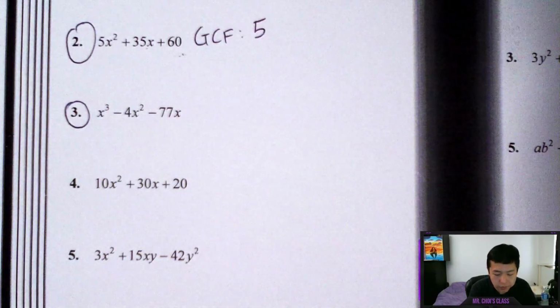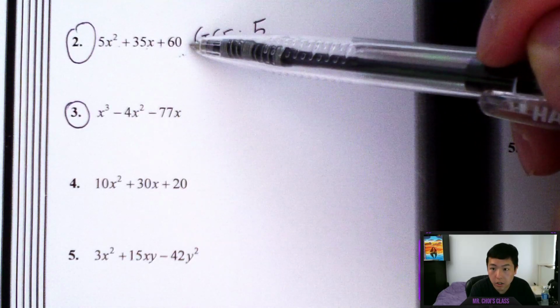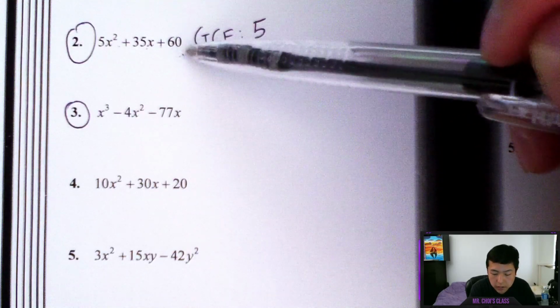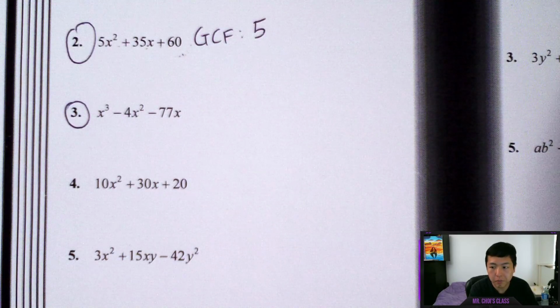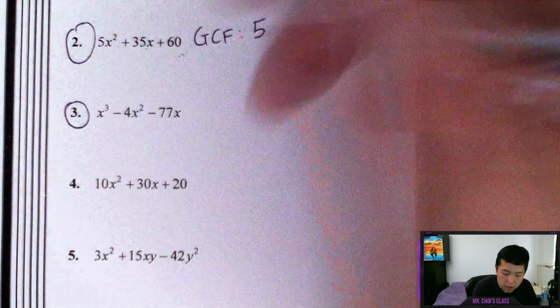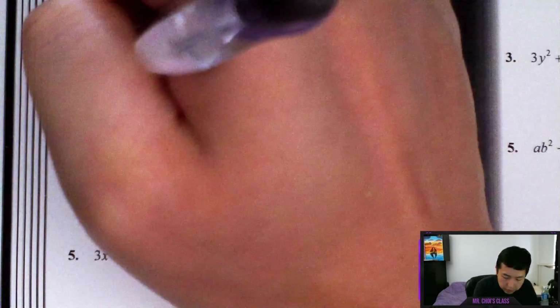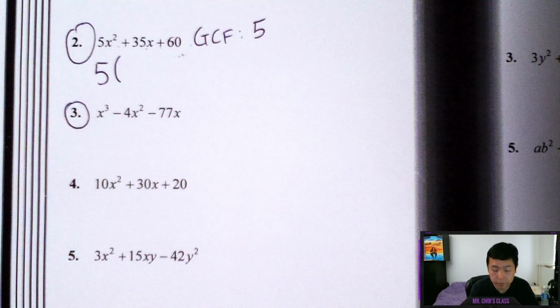For x squared, x, nothing. Which means, since this doesn't have an x, we can't pull out an x. So x is not part of the GCF. So the GCF is just 5. So we're going to write the 5, bracket, and then we're going to go through and divide everything by 5.